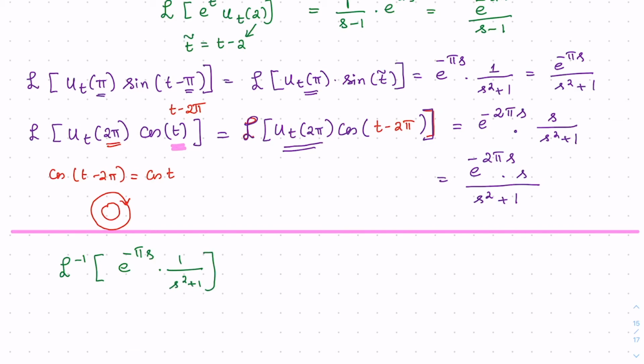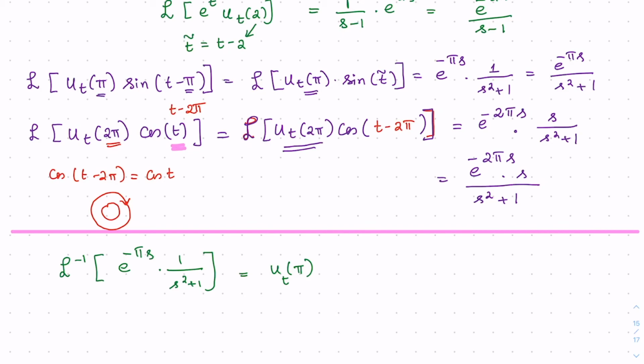Whenever you see e to the negative pi s, that means you're going to have u_t of pi, or u of t minus pi. That's okay as well.